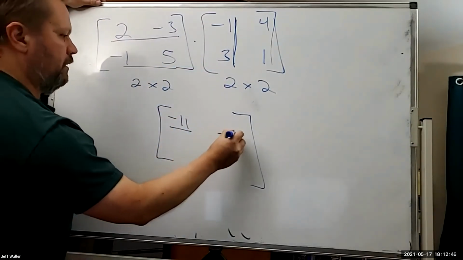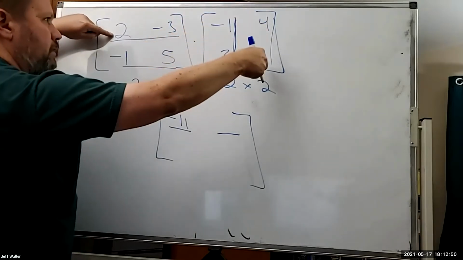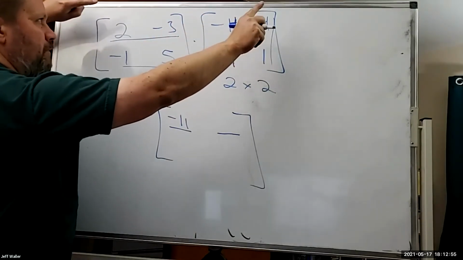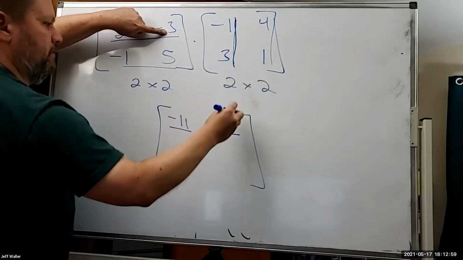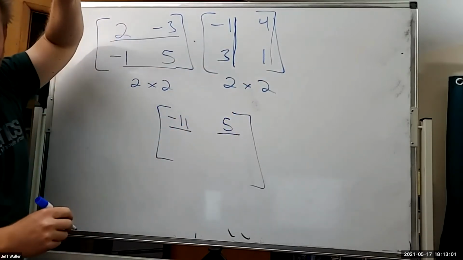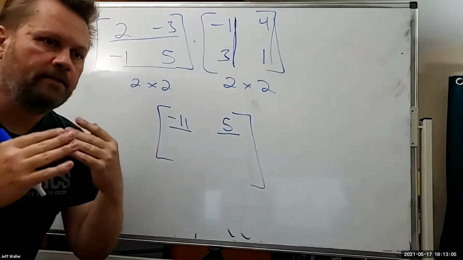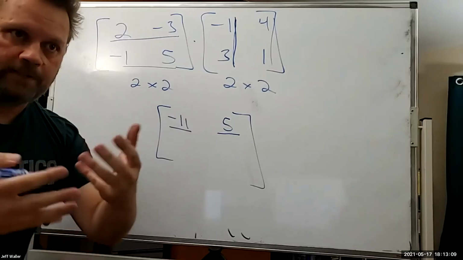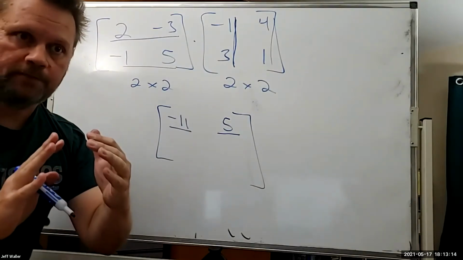So now this is going to have to be first row, second column. What do I get? 8 minus 3. 5. Again, there were a lot of decisions that went into why we do it this way, but it's a nice way to organize results.